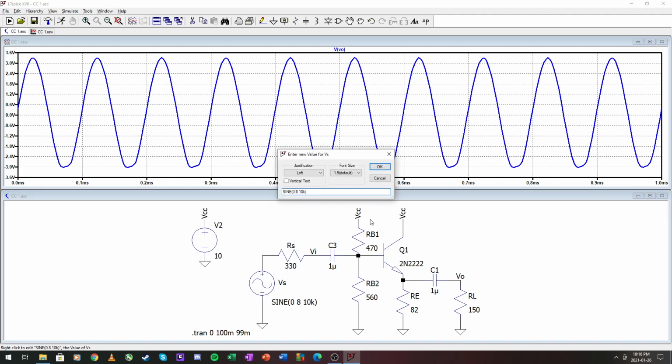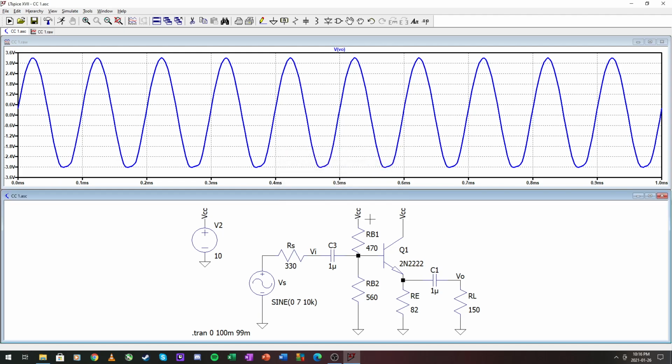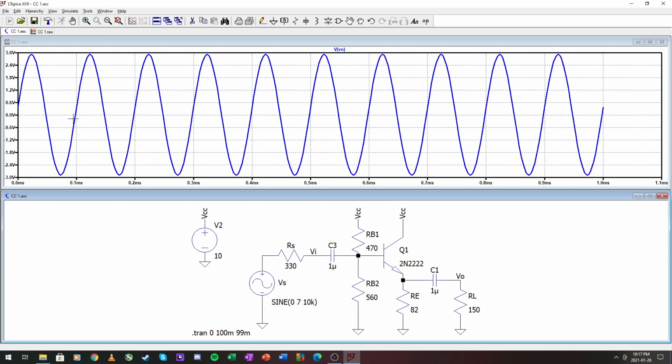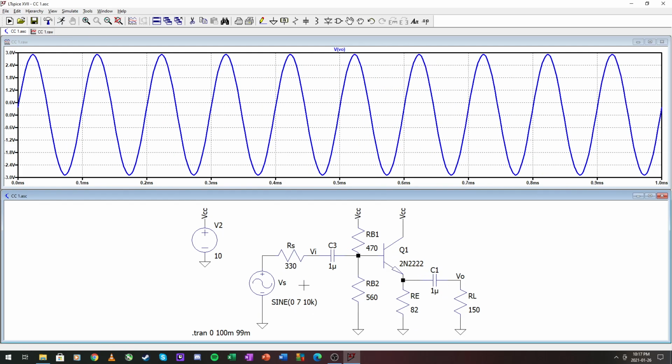Okay, so that is how we determine the input range and output range of our common collector amplifier, and that is by determining our DC points, having them at the right places, and hoping our amplifier can supply enough current if we designed it correctly.